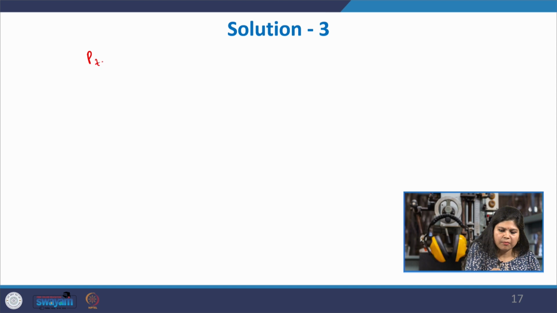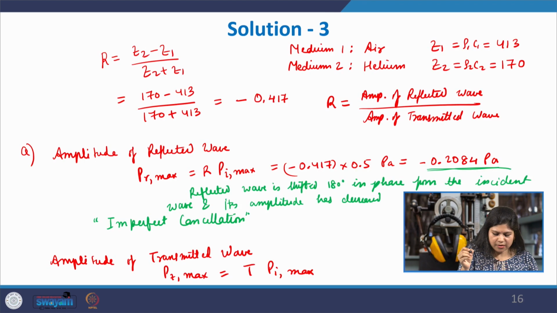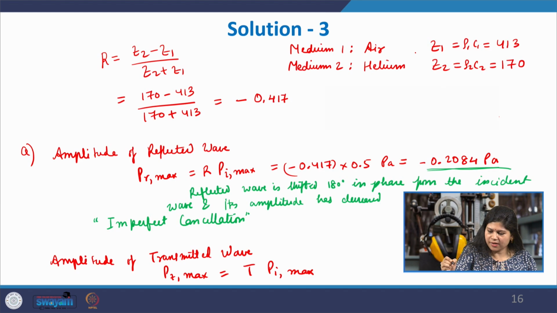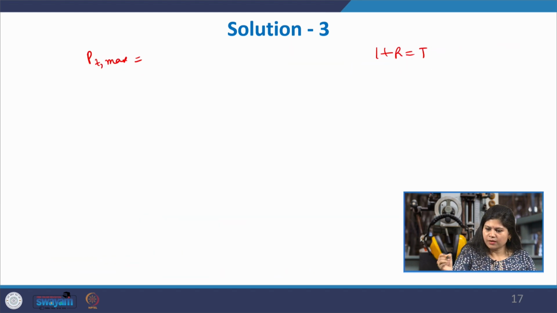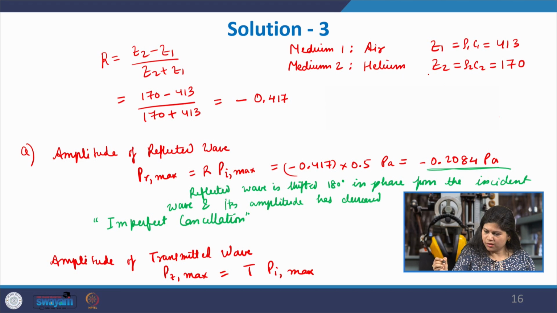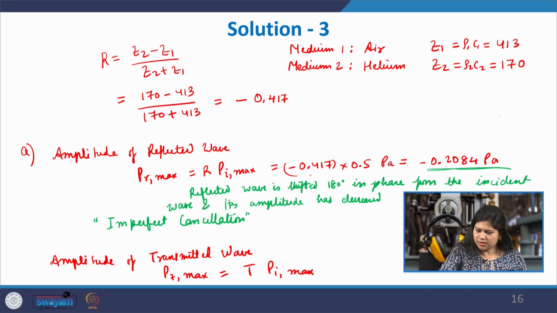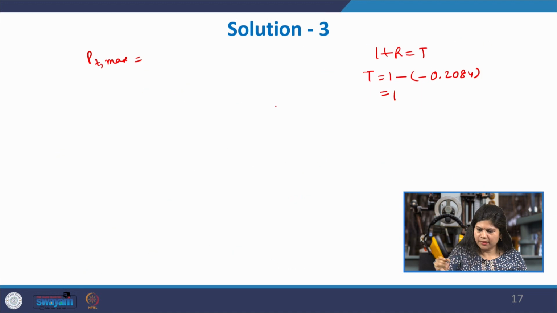Let us find T first. 1 plus R is equal to T. Okay, R is not this minus 0.2084, that is the reflected amplitude.